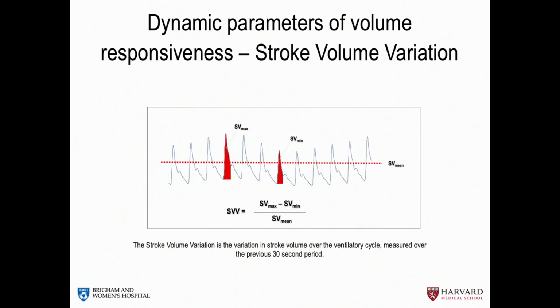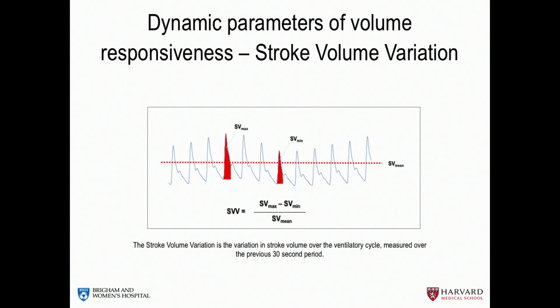If we first think about the stroke volume variation, and there are commercial monitors that will allow us to do this, we can measure the dynamic parameters of volume responsiveness from the arterial pressure curve. So that area under the curve reflects stroke volume. We can look at the maximal stroke volume, which generally will be at end exhalation.